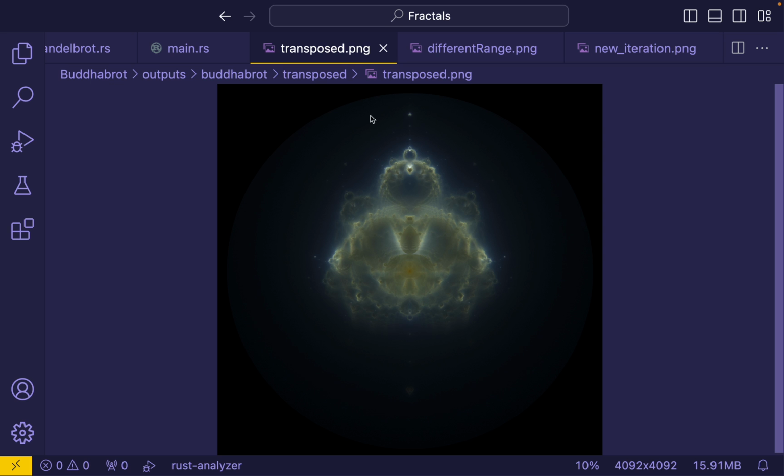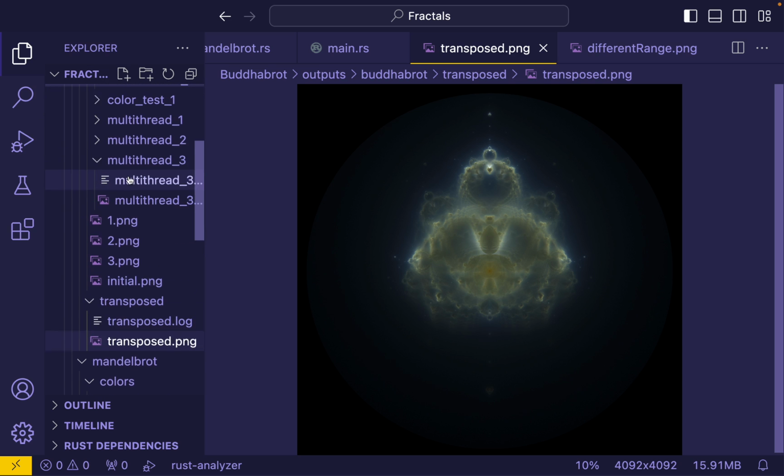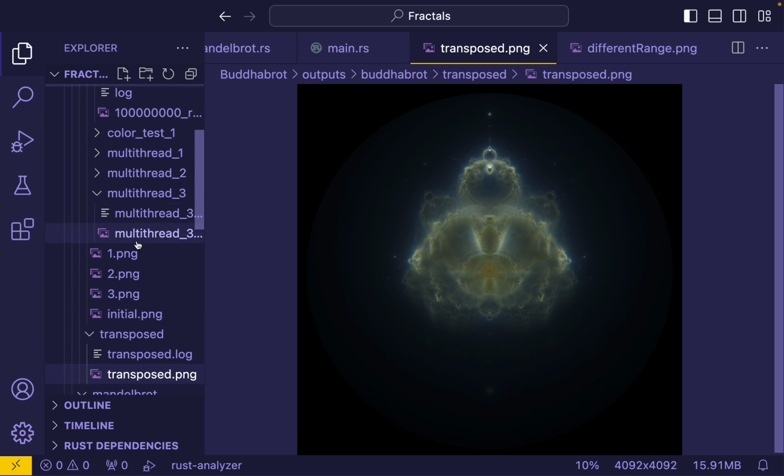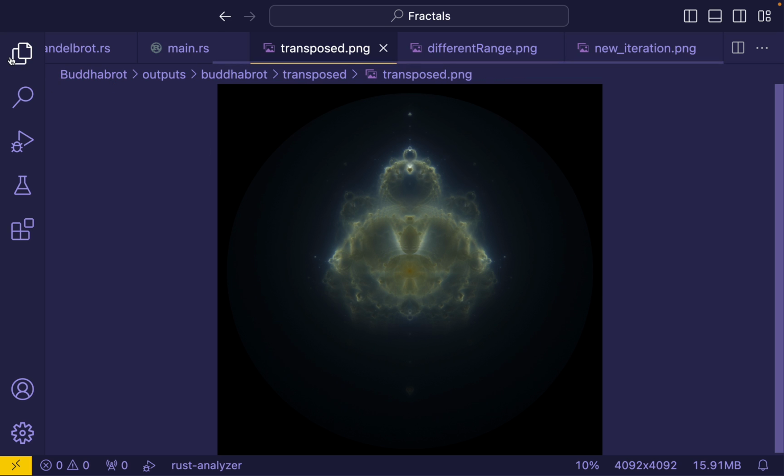And with these settings, I had to use multi-threading, and I ended up having to spend 2 hours on this.